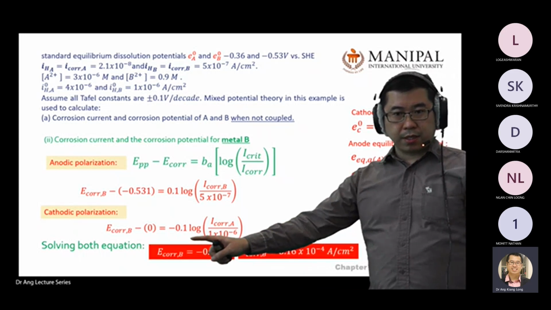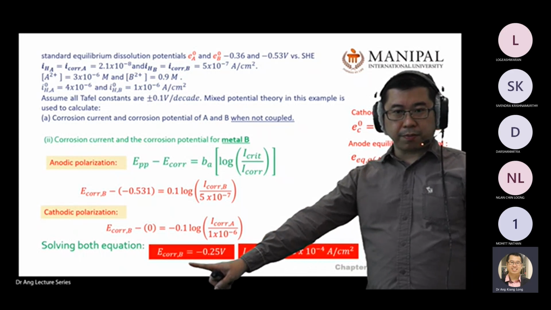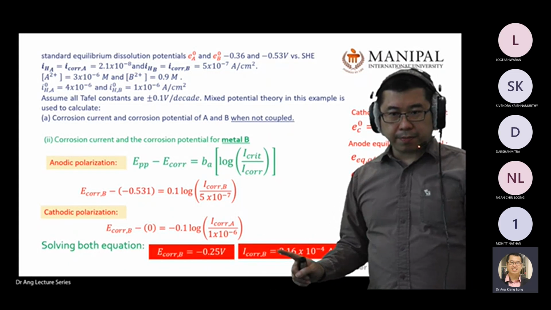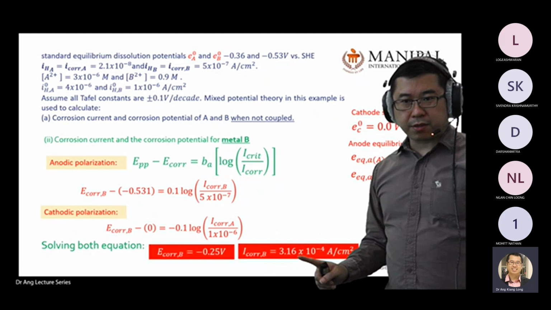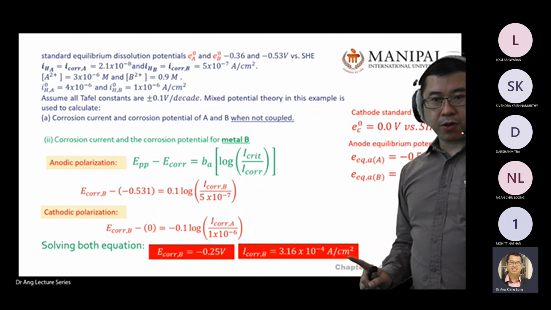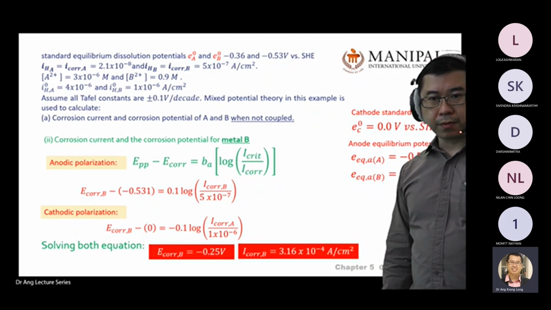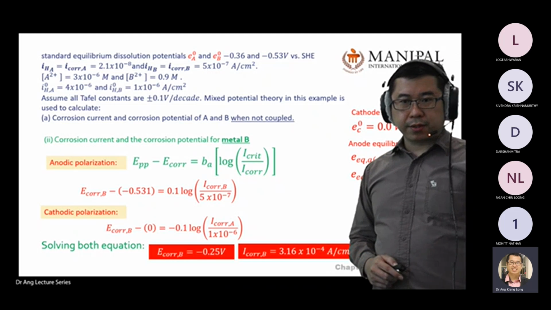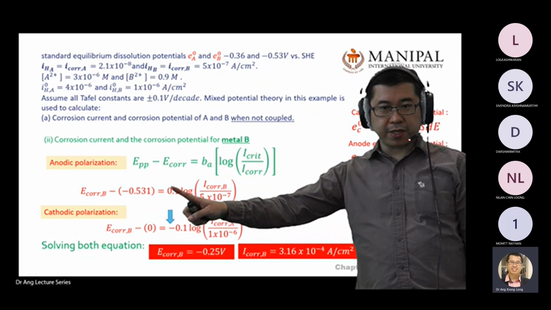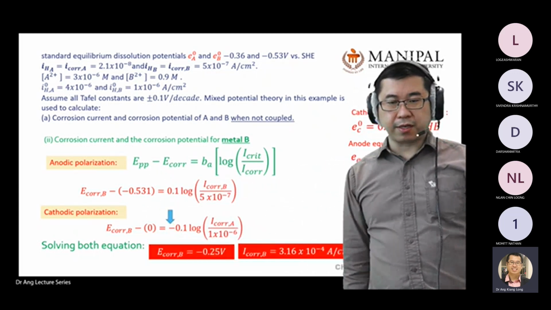So again, I already explained why positive, why negative. Why the anode uses positive, why the cathode uses negative.